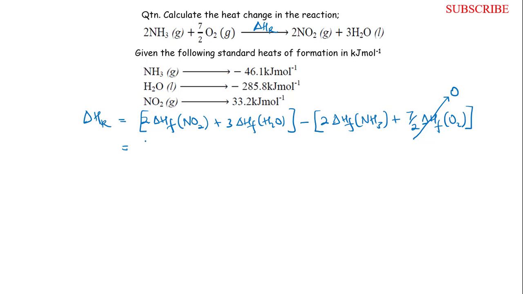So we shall be remaining with twice the enthalpy of formation of nitrogen dioxide, which is 33.2, then plus 3 times the enthalpy of formation of water, negative 285.8, then minus twice that of ammonia, which is negative 46.1.